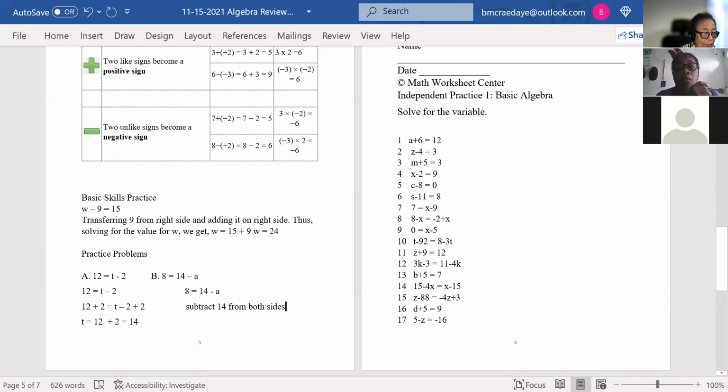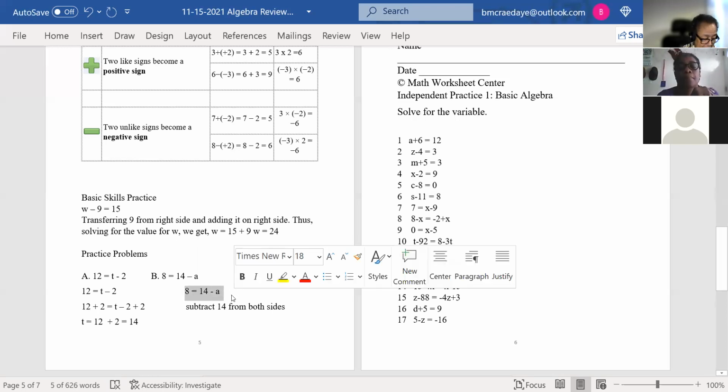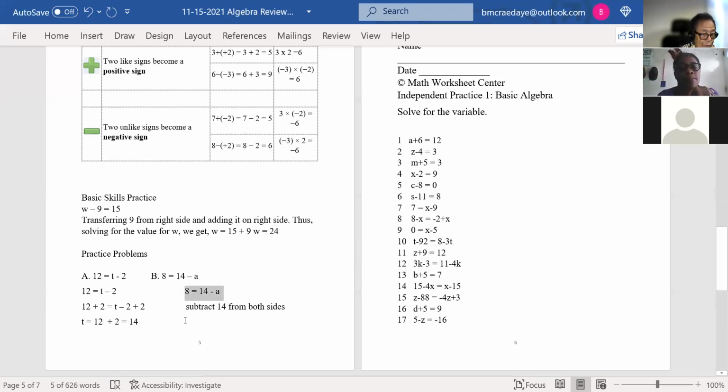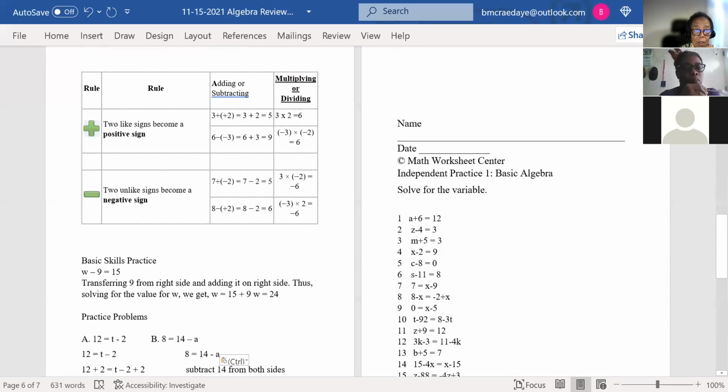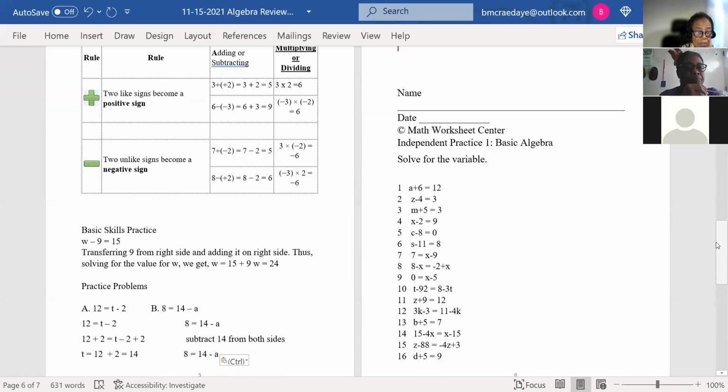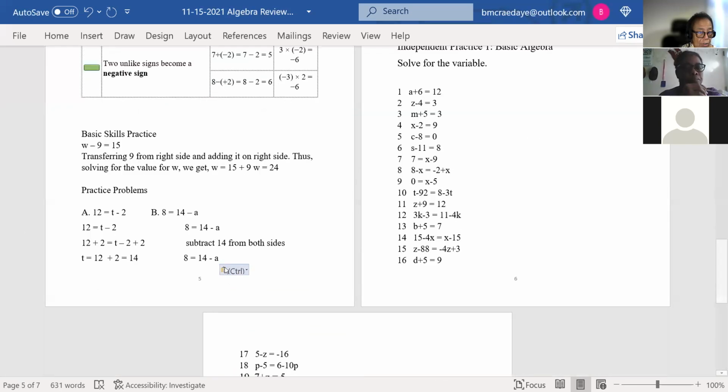But if you subtract 14 from both sides, let's just copy this. Just copy this over here.